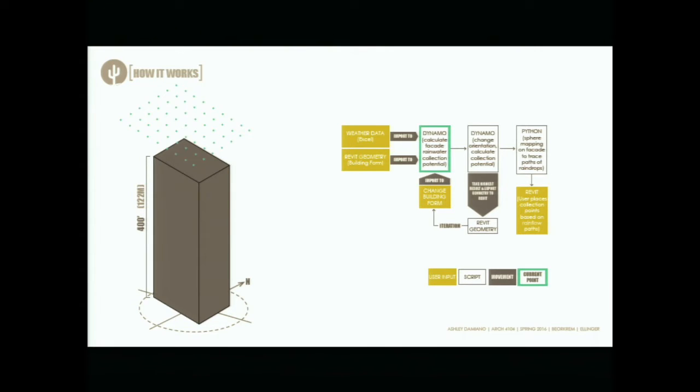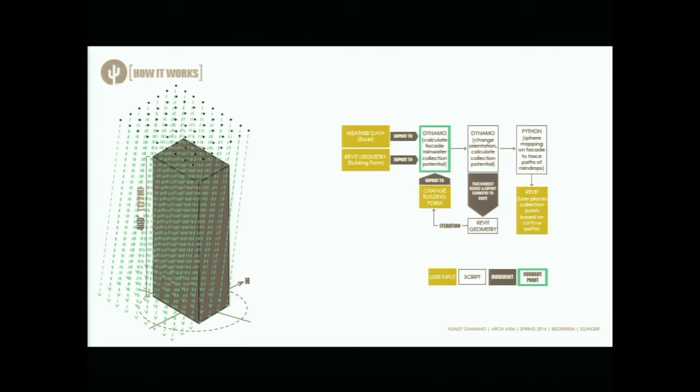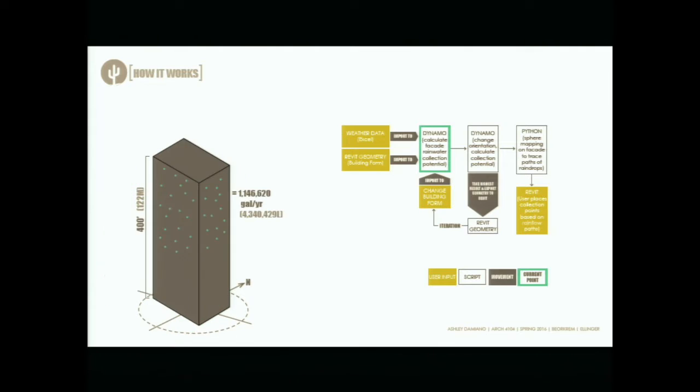then a grid of points is created in Dynamo, each point representing a certain amount of rainwater based on how dense that grid is and how large it is, and that is all controlled by the user in the Dynamo interface. Those points then are projected as rays onto the mass, which is based on the wind speed and direction from the data. And where those intersections occur, they are added up over the course of a year in order to calculate the annual collection potential on the vertical facades.